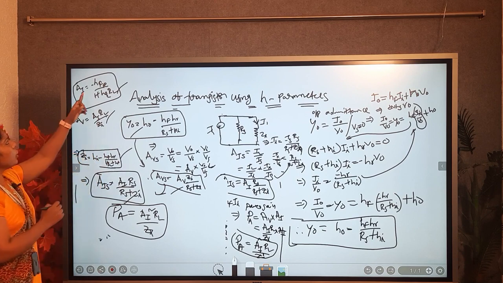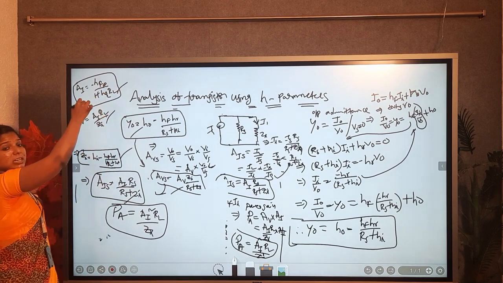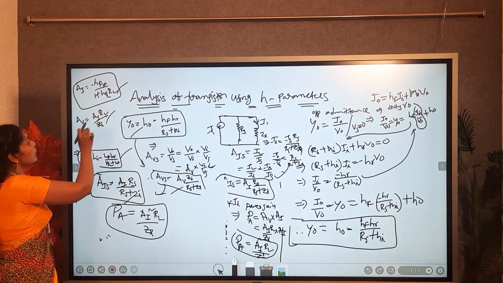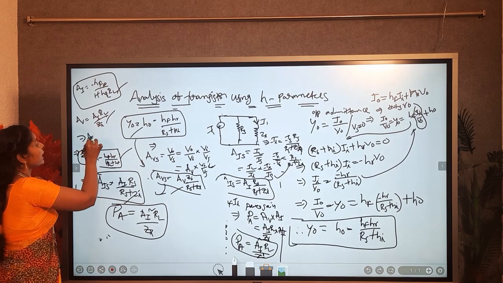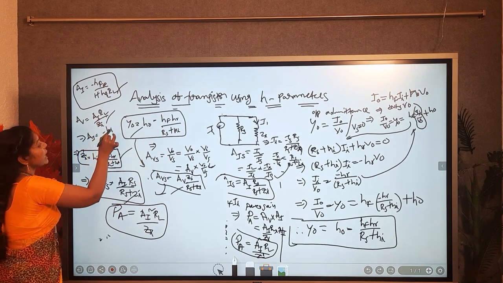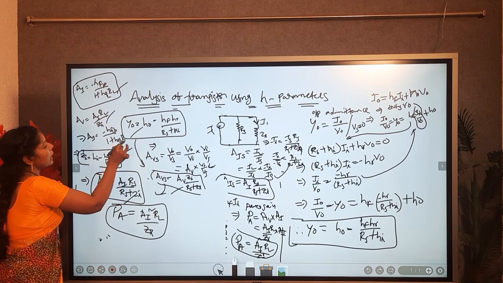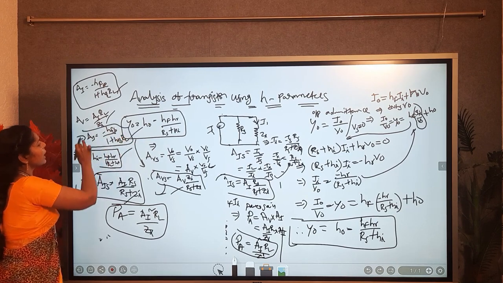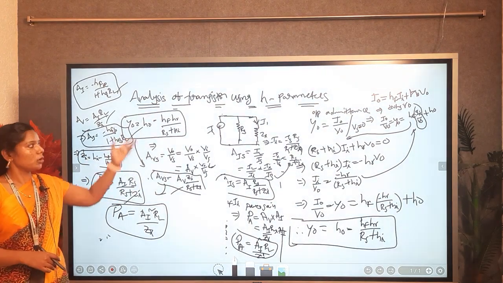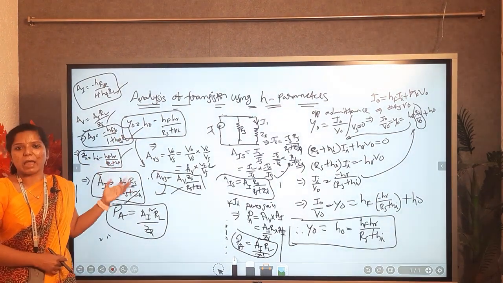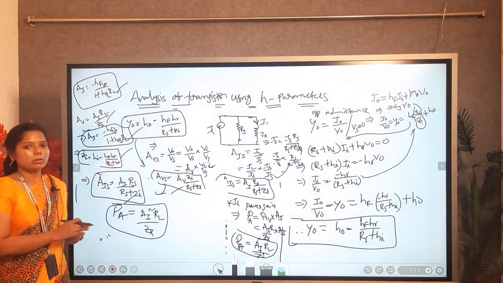If you want to find it for the common base, in order to analyze the transistor in common base by using the H parameter, AI equals minus HFB by 1 plus HOB into RL. Like that we analyze any transistor. It is the transistor model. You have to analyze like that for the common emitter, common collector and common base. Okay, thank you.